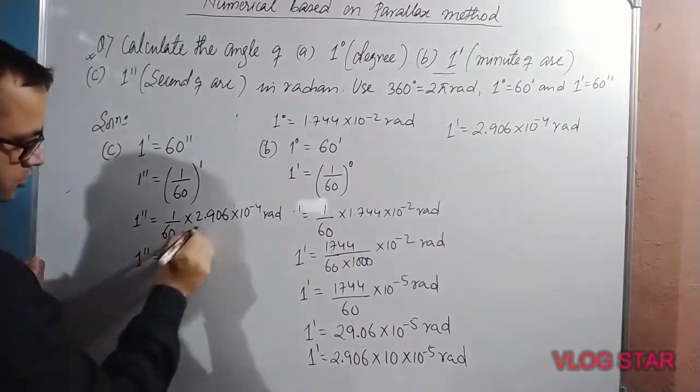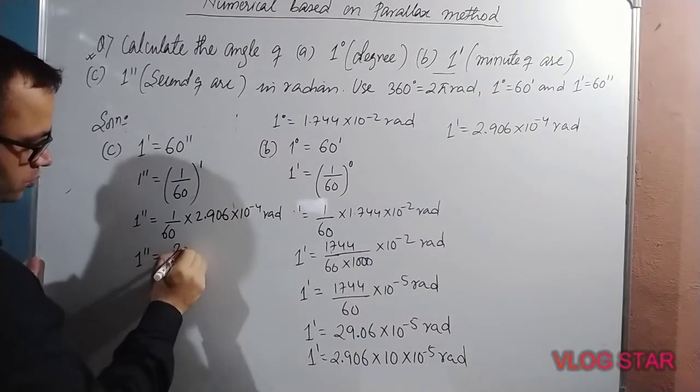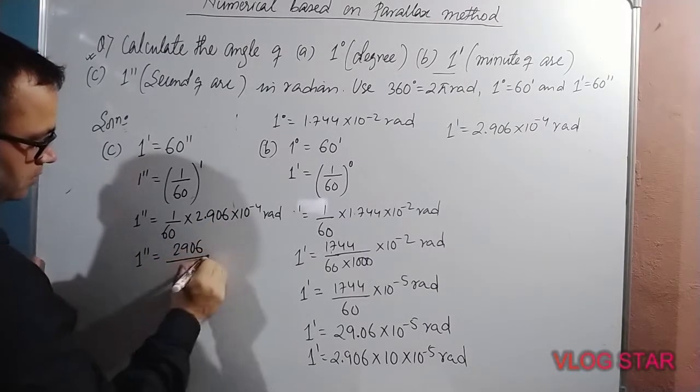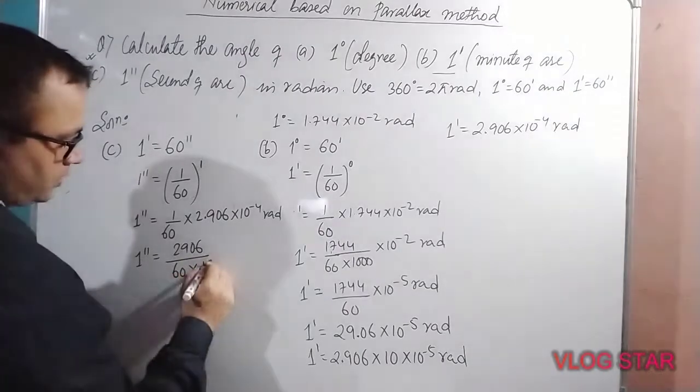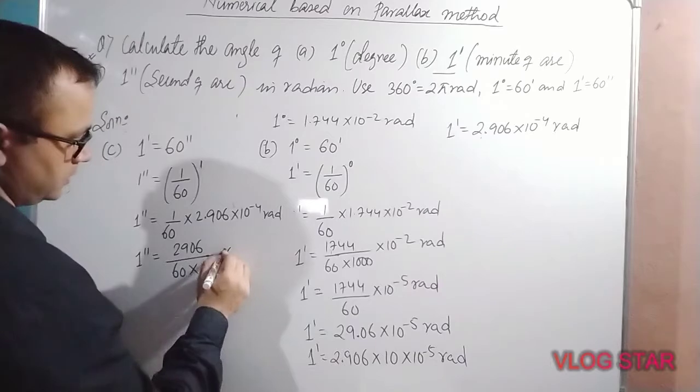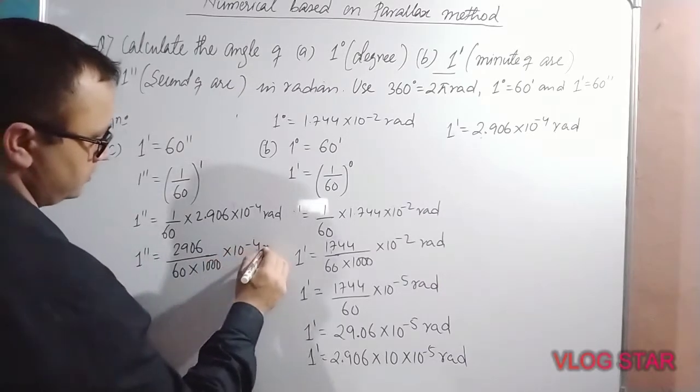1 second equals, now again remove the point, 2906 by 60 into 1000 into 10 to the power minus 4 radian.